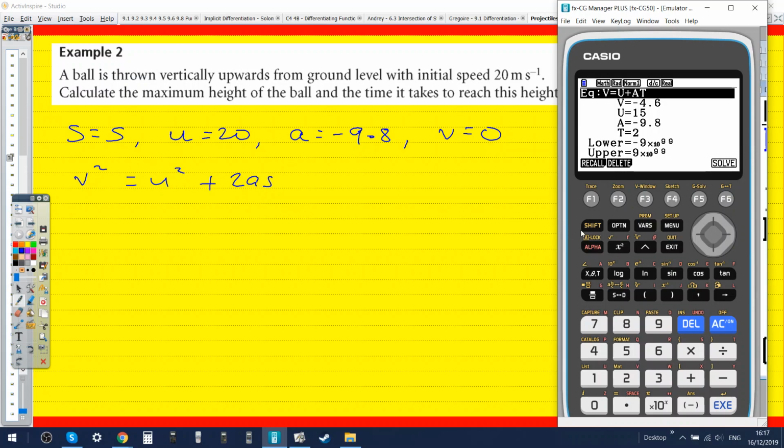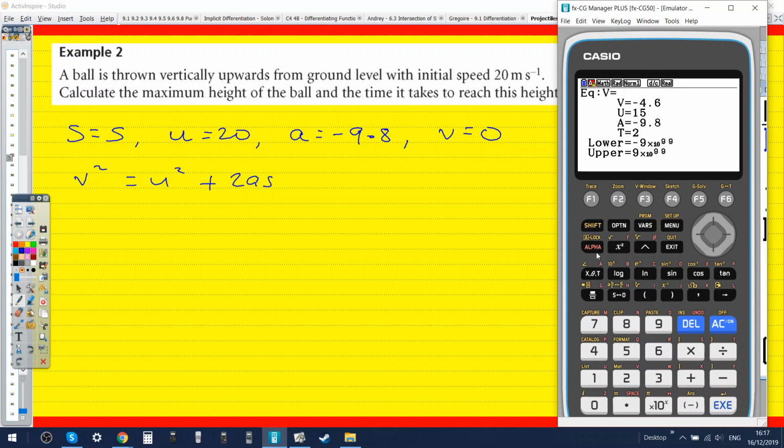What might help is if you press shift and then alpha for alpha lock, and then you can put them in a bit quicker. Maybe it won't be quicker, we'll see. Let me try again.